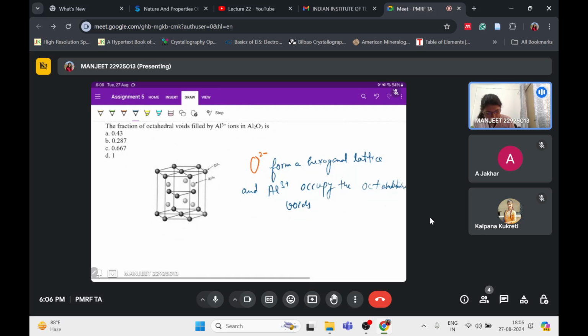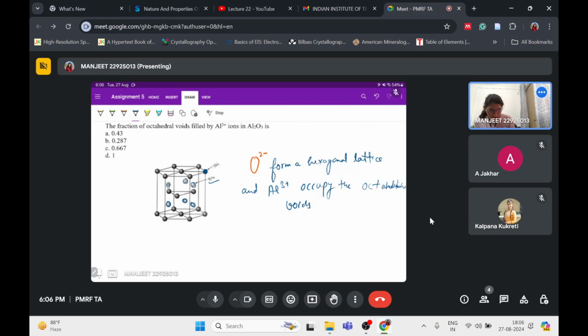Here this is my oxygen O2-, and my Al3+ ions are sitting here, here, here, and here. The O2- ions are making the hexagonal lattice: 6 are on the top surface, 6 are on the bottom surface, and 3 atoms are in between the top and the bottom plane.